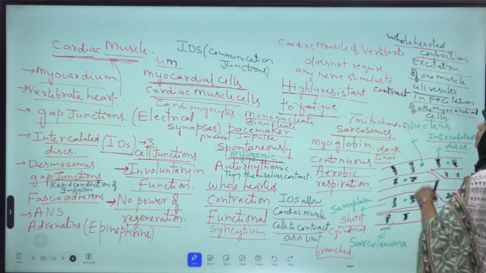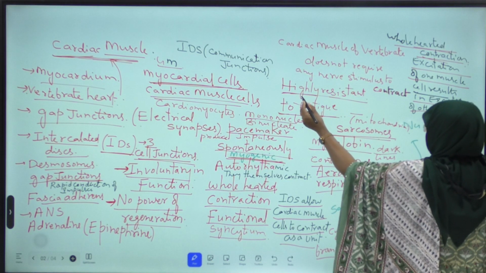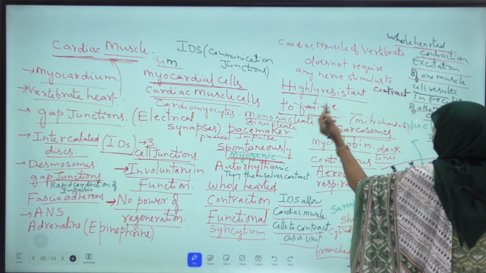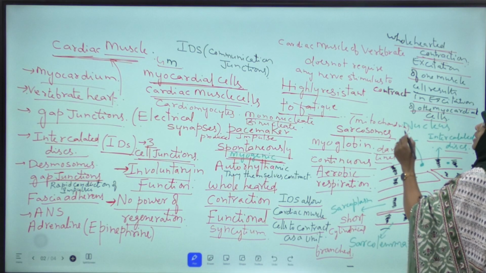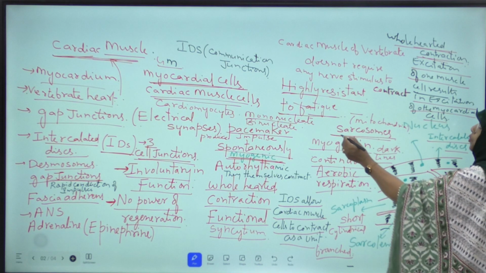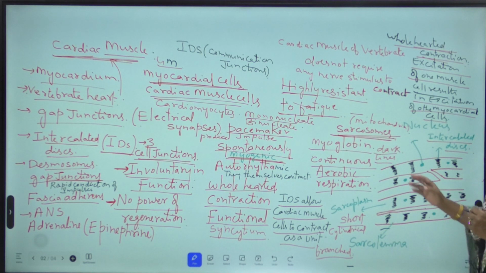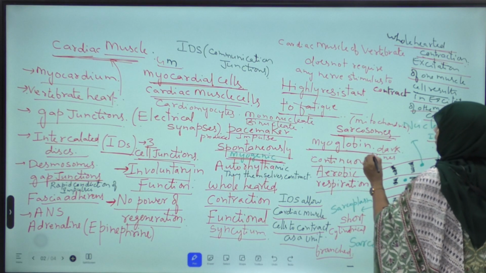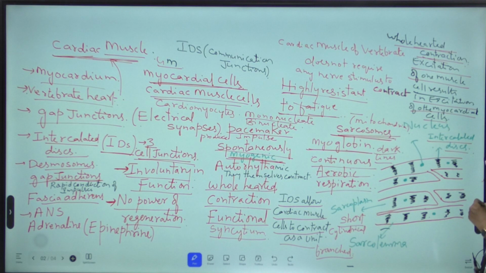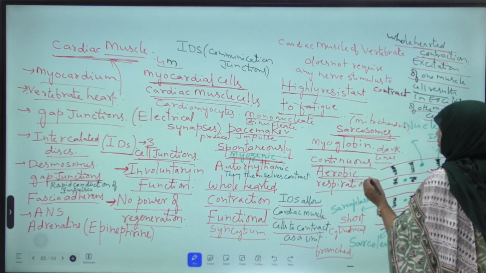What are sarcosomes? Mitochondria of the muscle cells. Cardiac muscle cell is highly resistant to fatigue because of the presence of numerous sarcosomes, nothing but mitochondria, and many molecules of myoglobin, the oxygen storing pigment, for example hemoglobin, which facilitates continuous aerobic respiration.